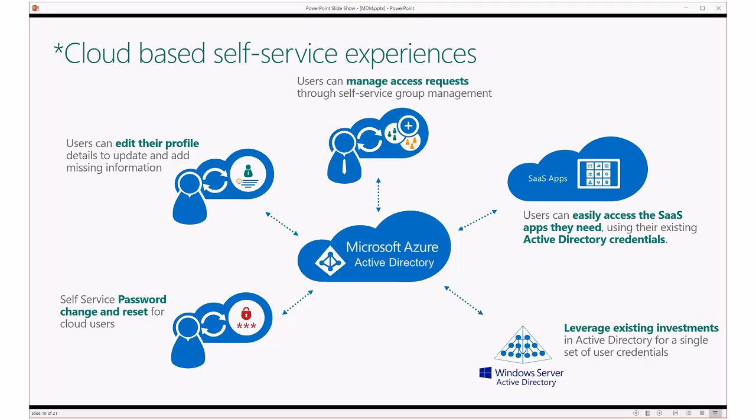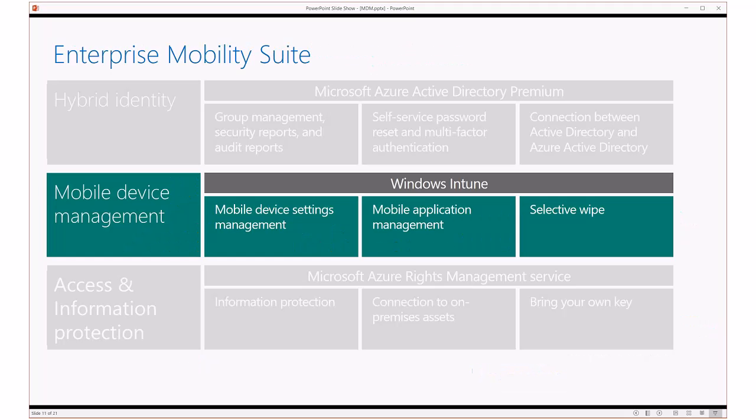All right, so that kind of encompasses the first pillar, which is the identity portion. And there's a ton more features in there. There's reporting on who's using which applications. This way you can better align your licensing to your usage. There's security-based reports for things that might seem suspicious, such as a user logging in from one location at 8:03 and then a location 3,000 miles away at 8:04, right?